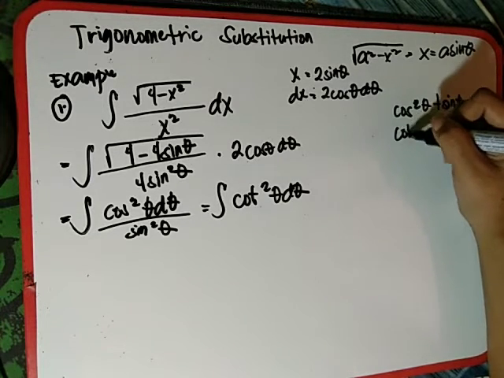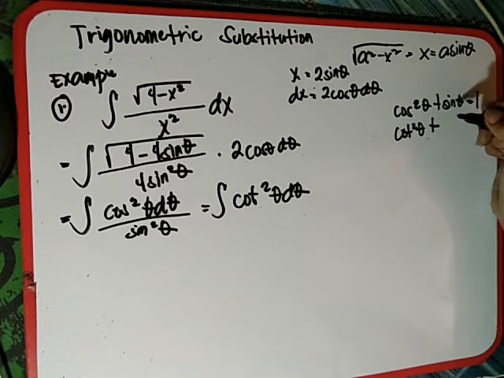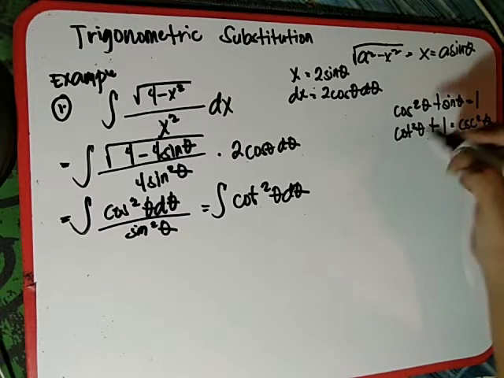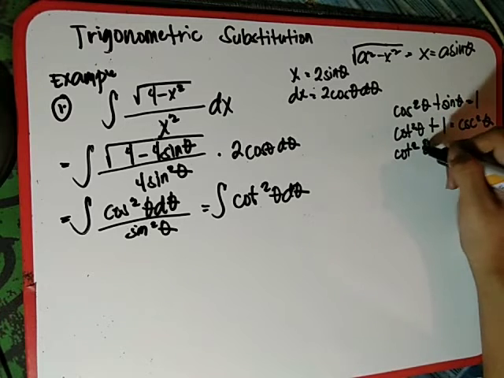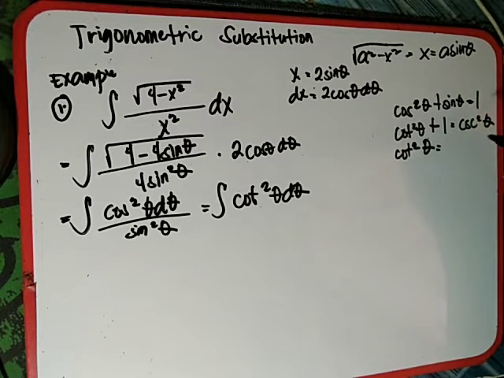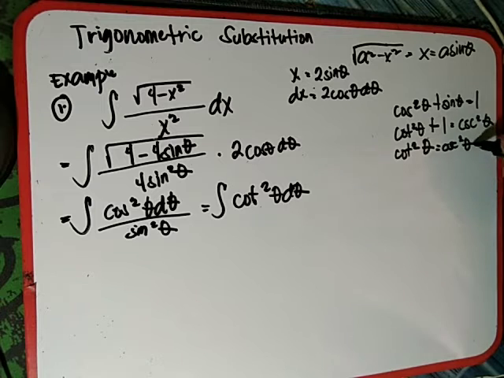So cotangent squared theta plus 1 is equal to cosecant squared theta. So cotangent squared theta is equal to cosecant squared theta minus 1.